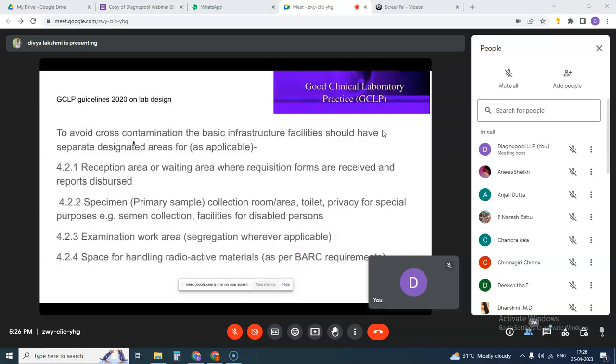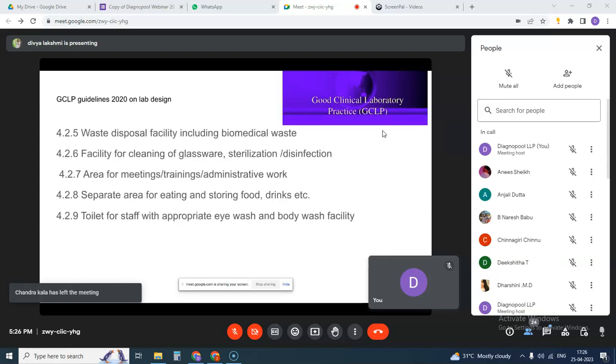But to avoid cross-contamination, the basic facilities which should be there are a separate reception or waiting area, a separate primary sample collection room, and a separate working area. We should not mix up the sample collection area and working area. And if any radioactive materials or hazardous chemicals are used, keep a separate place for that.